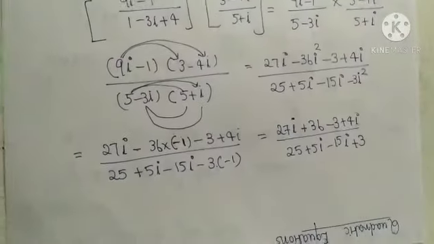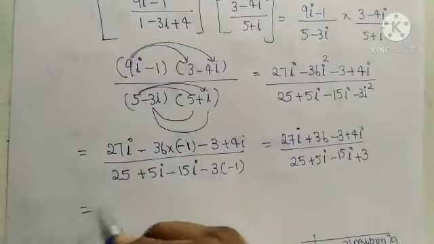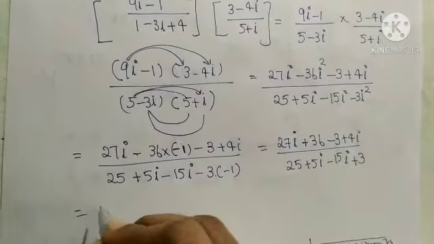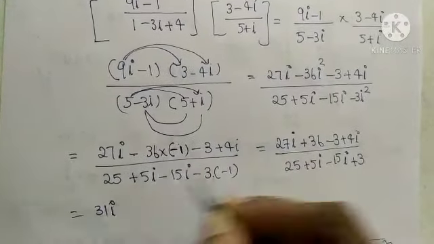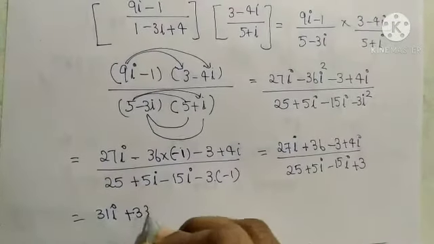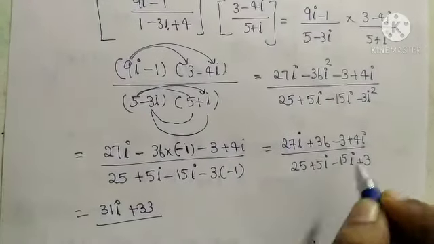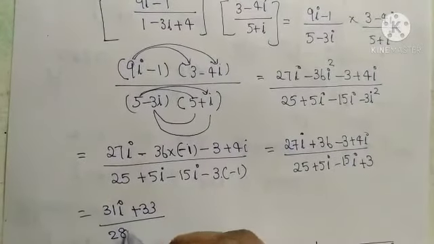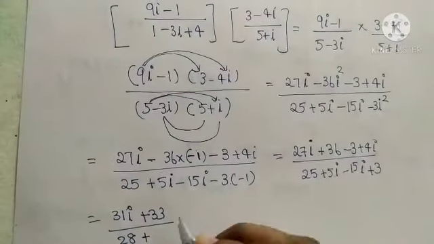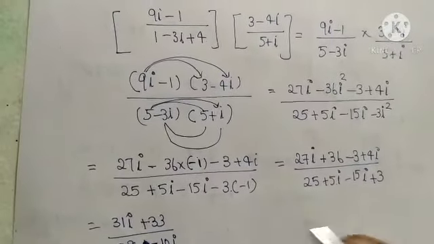After rearranging, this will equal 27i plus 4i will become 31i, and 36 minus 3 will become plus 33, whole divided by 25 plus 3 will become 28, plus 5i minus 15i will become minus 10i.